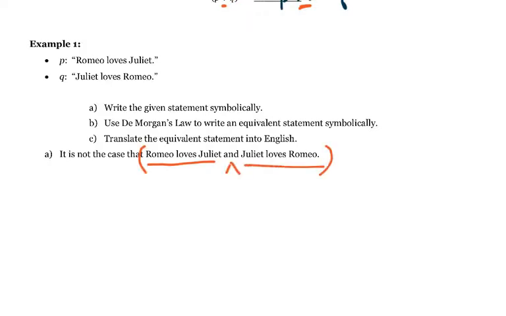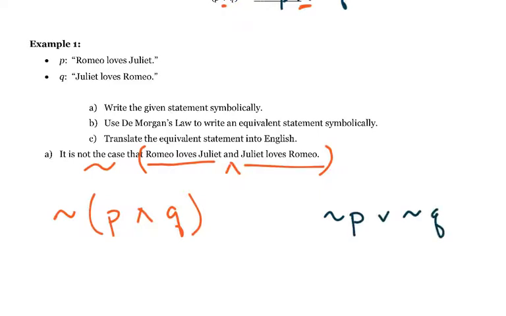So these combine together, and this is our negation. So that's going to be negation of P and Q. The equivalent one using De Morgan's law would be, I'll write it in black, not P or not Q. So that is Romeo does not love Juliet, or Juliet does not love Romeo.